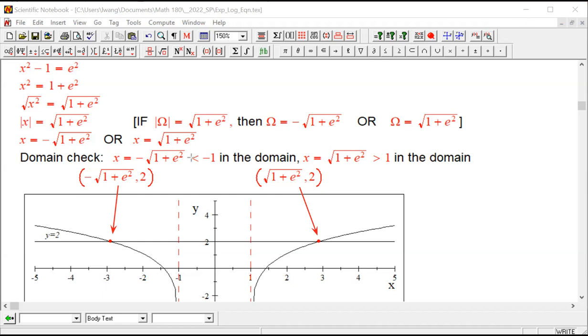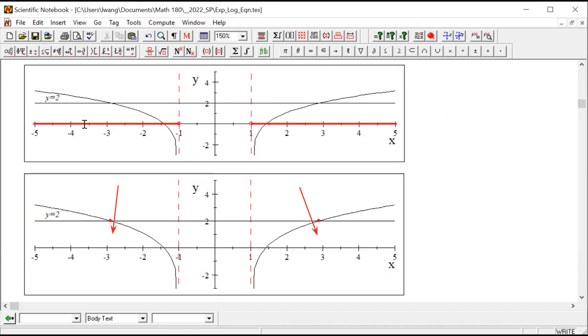In fact, these two numbers are both in the domain. Our domain is less than -1 or larger than +1, so you can obviously see both numbers are in the domain.